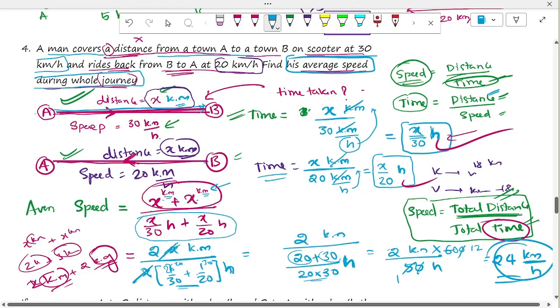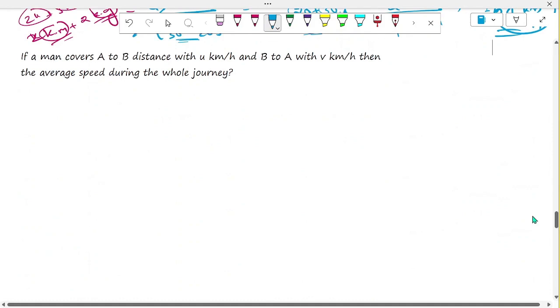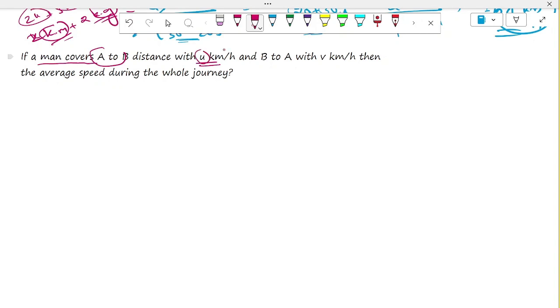All these things, I'll just tell you a trick. Whenever you get this kind of question, there is a simple formula. You can use it and solve that one. I have got a generalized question here. I'll read it once. If a man covers A to B distance with U kilometers per hour, U means it can be anything, and from B to A his speed is V kilometer per hour, then what is the average speed during his whole journey?